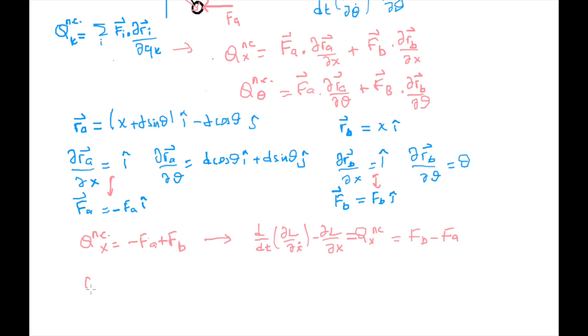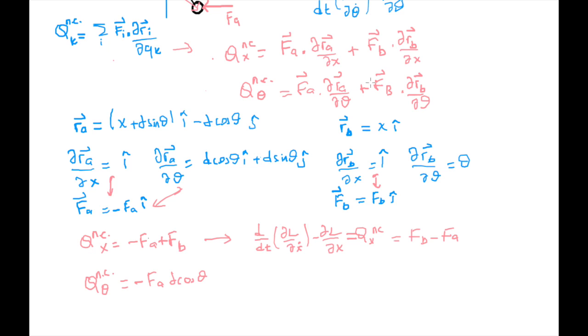Okay, so let's also do this for Q theta non-conservative. In this case I will have again Fa inner product with partial Ra partial theta. So here is my partial Ra partial theta and Fa. I will need to calculate the inner product. i inner product with i is 1, i inner product with j is 0. So I'm going to have minus Fa d cosine theta here.